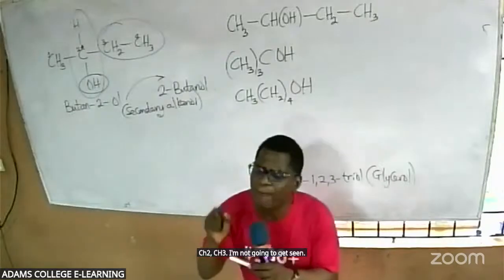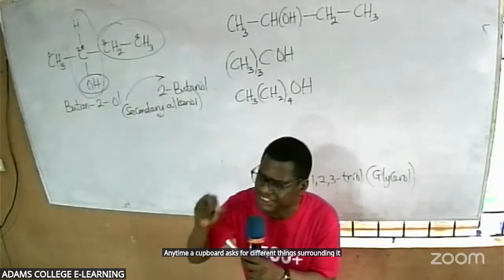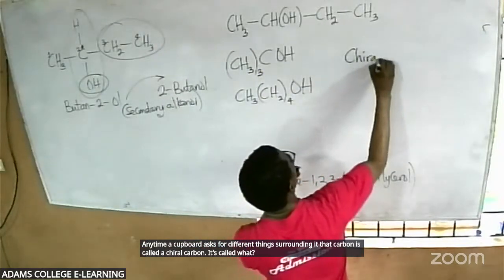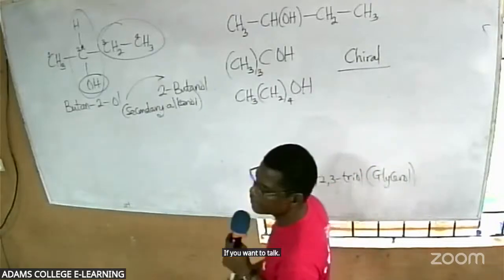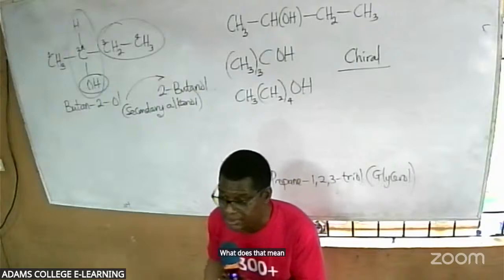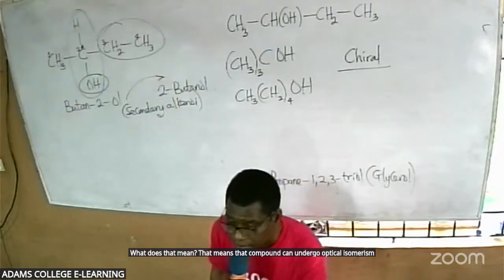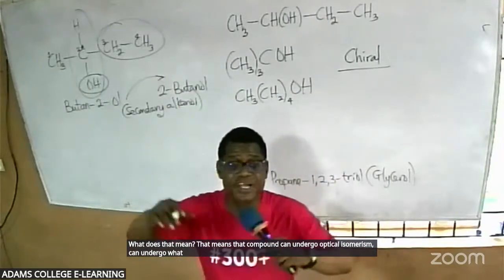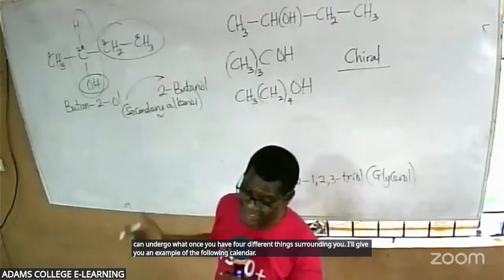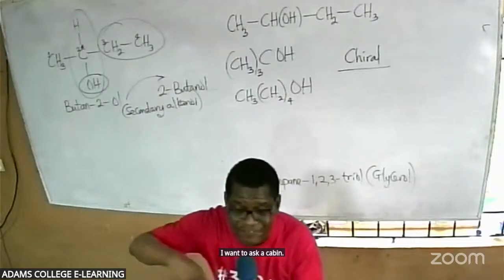Anytime a carbon has four different things surrounding it, that carbon is called a chiral carbon. What does that mean? That means that compound can undergo optical isomerism. Once you have four different things surrounding a carbon, it can undergo optical isomerism. If the question asks which of the following can undergo optical isomerism, that's what they're asking for: the one that has a carbon with four different things surrounding it.